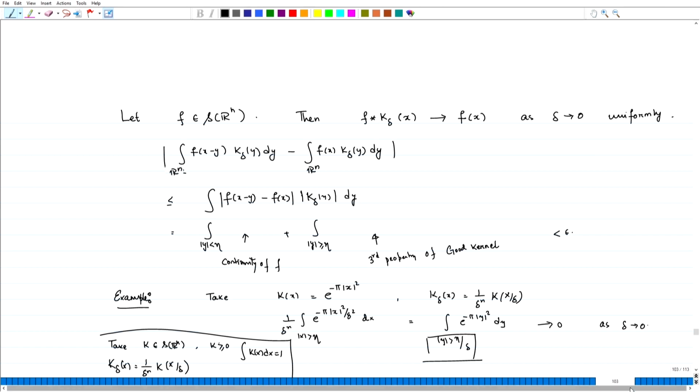Now, another important thing we have seen, which is very useful to derive the inversion formula as well as the Plancherel, is the multiplication formula. Now, what is the multiplication formula?